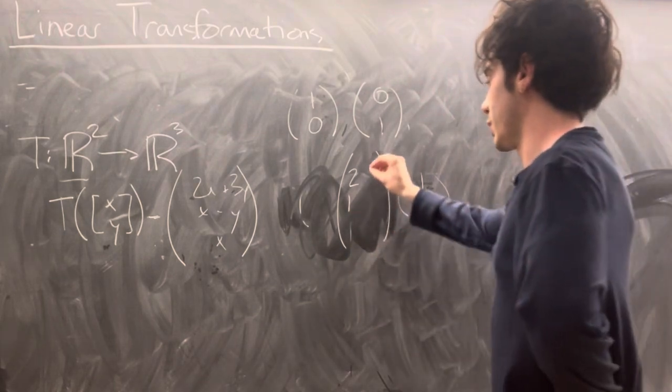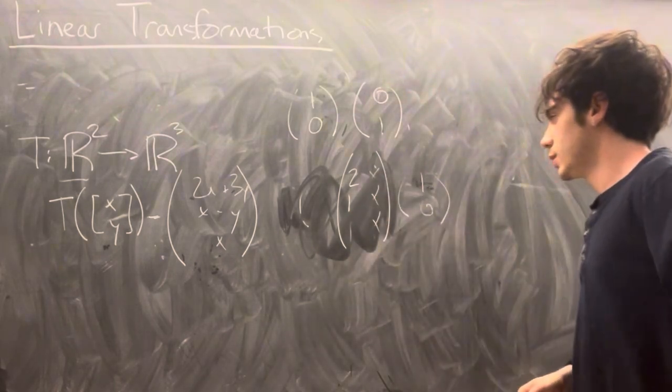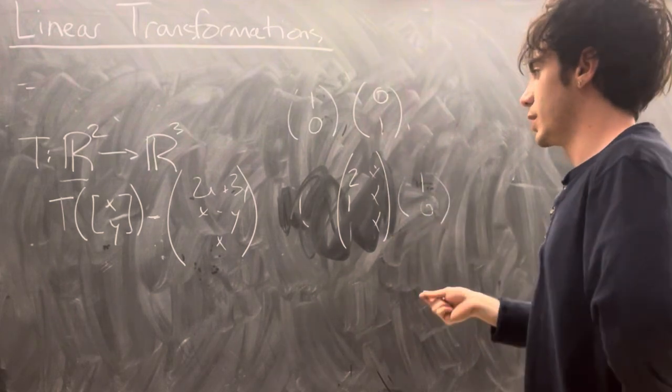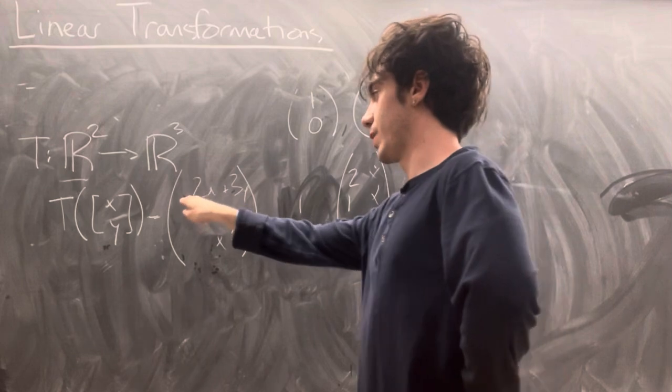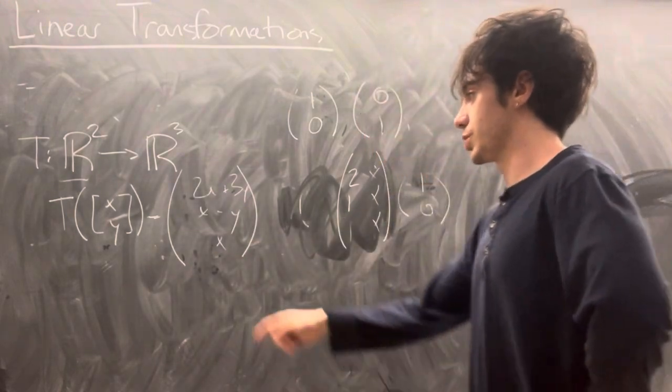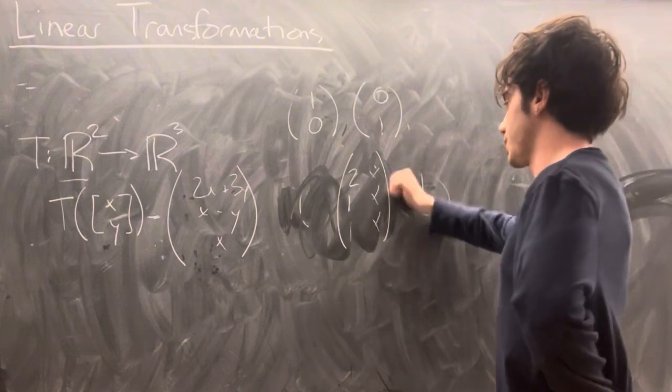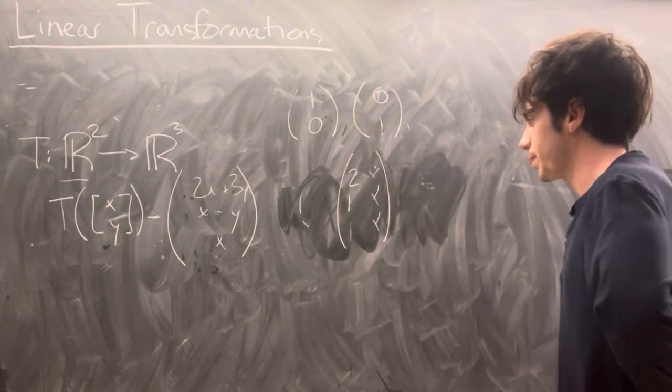Then we're going to have something here, something here, something here. But if we multiply (1, 0), this basis vector, by this, then all the x values match up, or the coefficients match up.